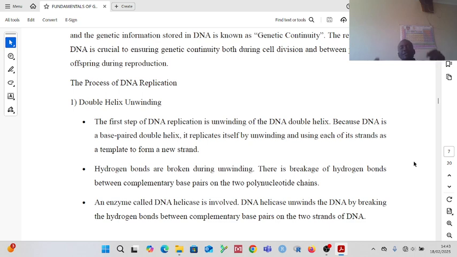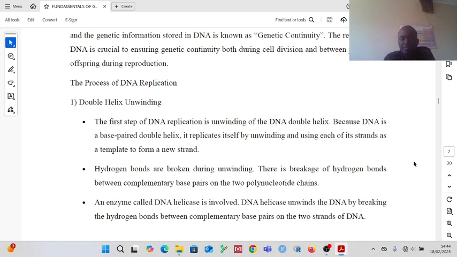So during the unwinding, we had the two strands of DNA being held together by hydrogen bonds. So when we want to unwind, it means we must break those hydrogen bonds. Because the hydrogen bonds are what are holding together these complementary strands. Unwinding means opening up, separating the complementary strands so that they are apart. So unwinding is breaking the hydrogen bonds.